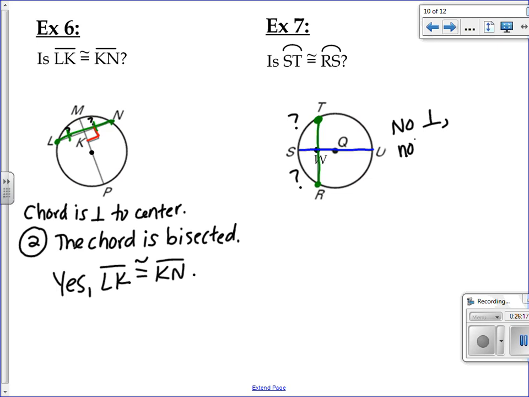Nothing's being bisected. We're really not given anything. We're just given a chord and a diameter, and they're intersecting at W. So since I'm not given anything, I can't use the second property. I can't use the third property. So we would just say we do not know. There's not enough info.